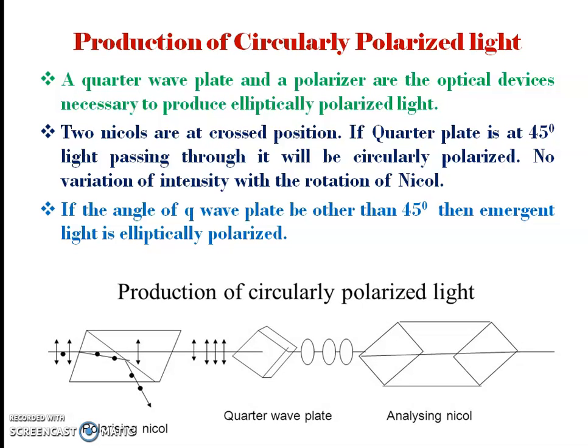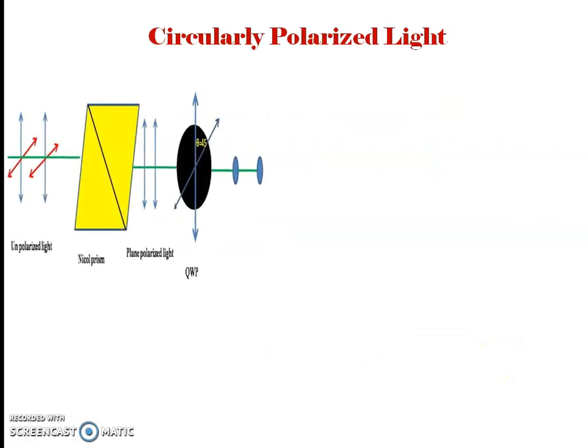If you look at this diagram, you will find that this particular Nicol works as the polarizing Nicol, this is the quarter wave plate, and this is the analyzing Nicol. So this is how we produce the circularly polarized light. As I already told you, when unpolarized light is allowed to fall on this Nicol prism, we get the plane polarized light.